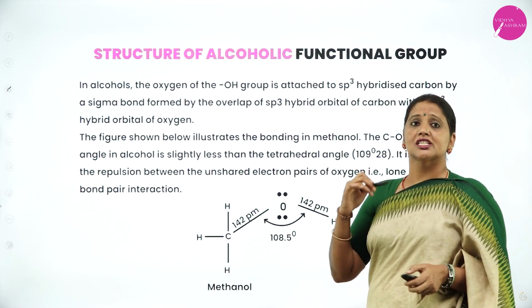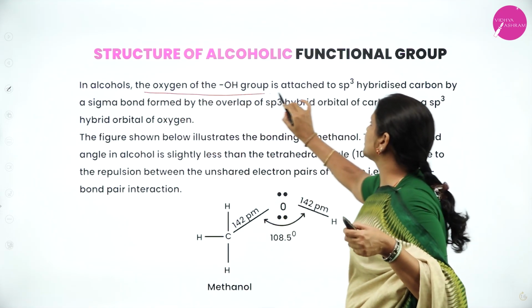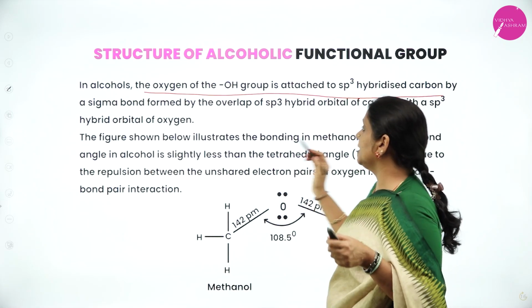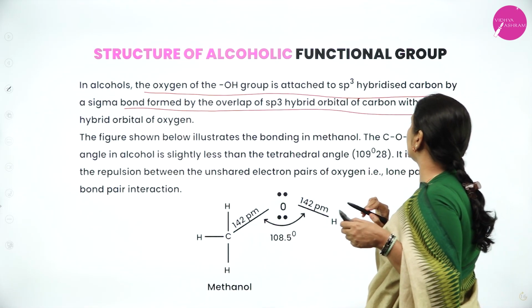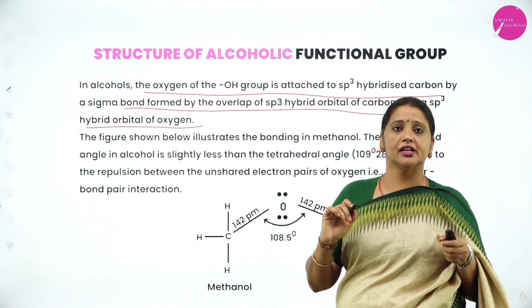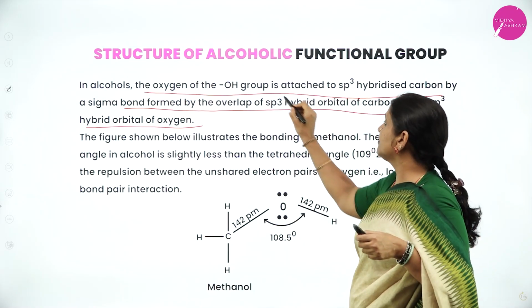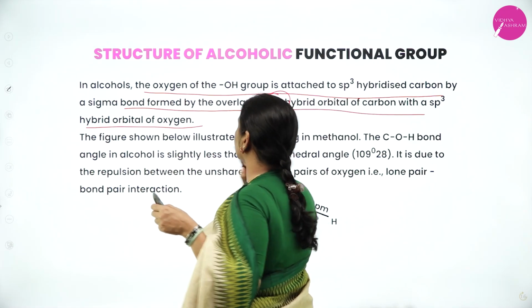Okay. Next, the structure of the alcoholic functional group. In alcohol, the oxygen of the OH group is attached to an sp3 hybridized carbon by a sigma bond formed by the overlapping of an sp3 hybrid orbital of carbon with an sp3 hybrid orbital of oxygen.